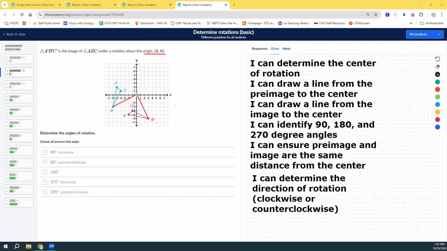I see a 90-degree angle there. And so I can get from the pre-image to the image by going 90 degrees counterclockwise, or I could go all the way around, and that would be 270 degrees clockwise.